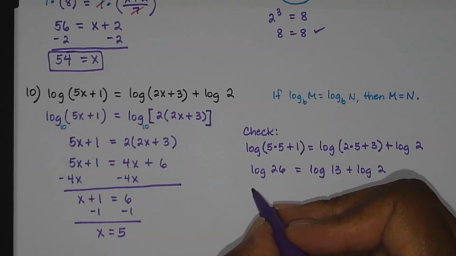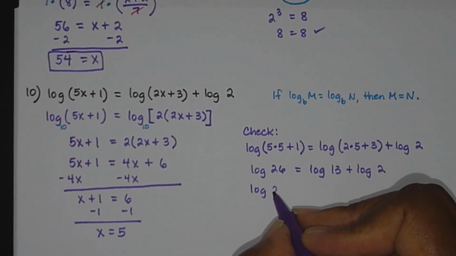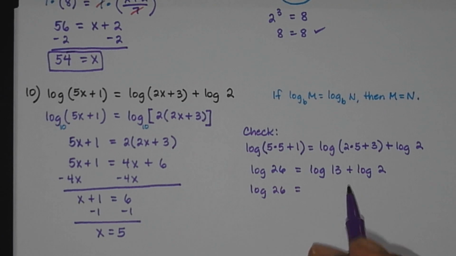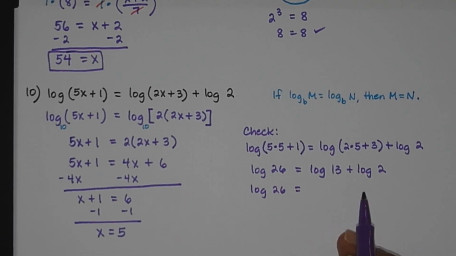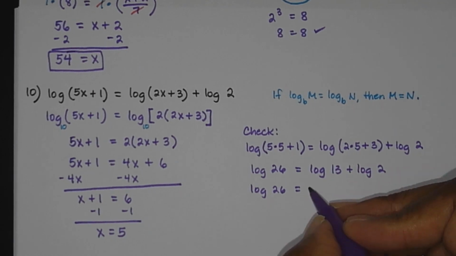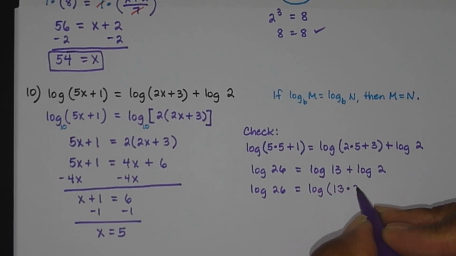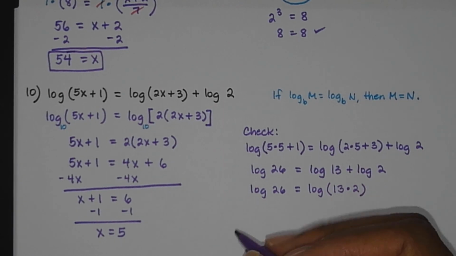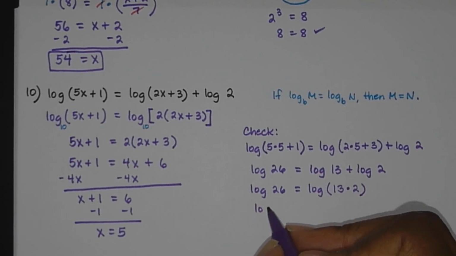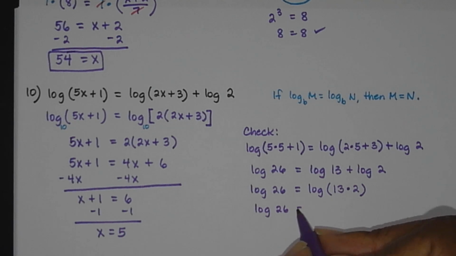Let's see, I'm going to bring down log of 26. Condense the right side of this equation using the product rule. I have the log of 13 times 2. And if I multiply 13 times 2, I will get 26.